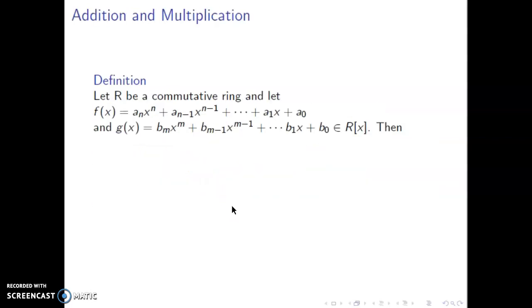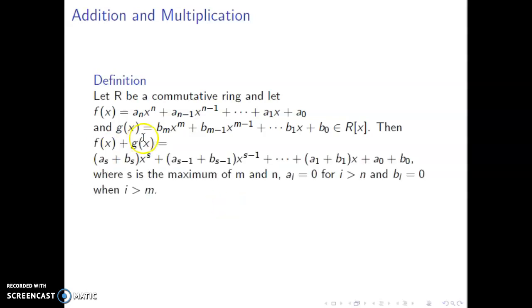Now we define addition and multiplication as follows. Let R be a commutative ring and f(x) and g(x) be two polynomials over R of degrees n and m respectively, that is f(x) is a_n x^n and so on up to a_0 and g(x) is b_m x^m plus so on up to b_0. Then f(x) + g(x) is equal to (a_s + b_s) x^s + (a_{s-1} + b_{s-1}) x^{s-1} and so on up to a_0 + b_0.